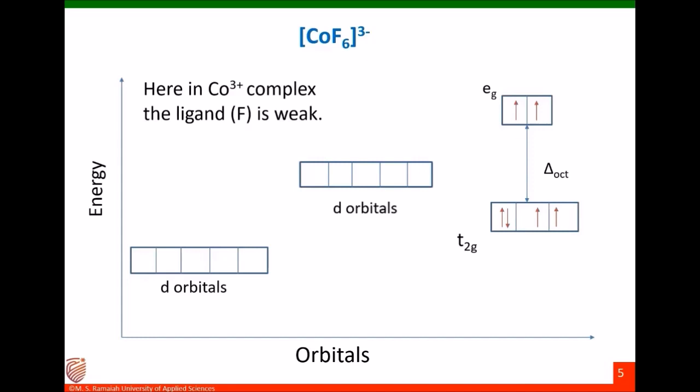So if the ligand is weak, the internal pairing will not occur. So what happens? Initially 1 electron each to the t2g orbitals, then eg will get 1 electron. Then if any surplus electrons are there, it will be filled based on the Aufbau principle.